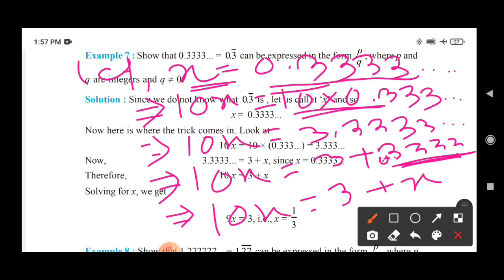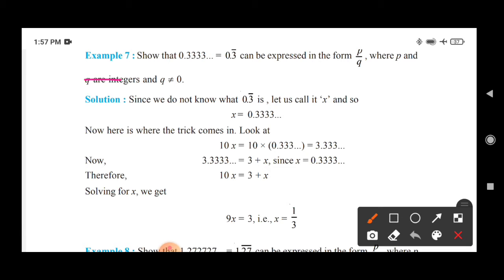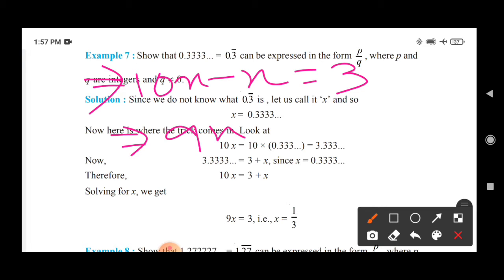Next part: 10x, and the x which was on the right hand side turns to the left hand side, it will be minus, is equal to 3. Now it is 9x is equal to 3.